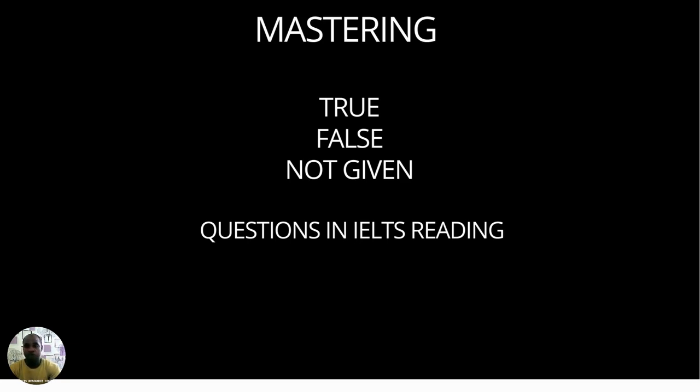One tip for approaching the true, false, not given kind of question is to try to identify the main idea or argument of each paragraph in the passage, because this can help you better understand the information presented and make it easier to determine whether a statement is true, false, or not given.